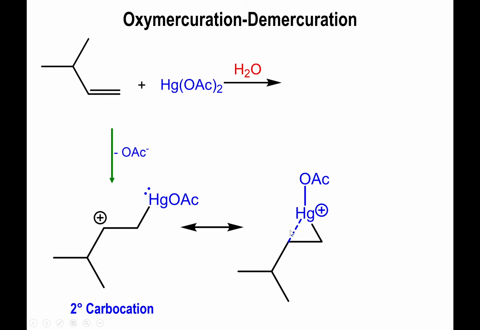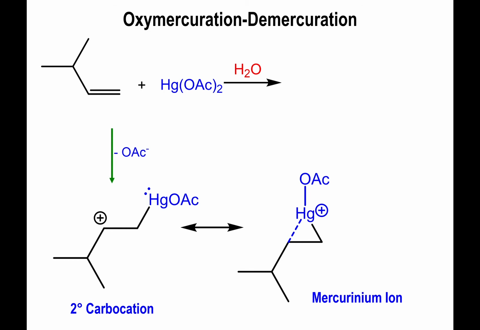So it does create a pseudo metallocyclopropane structure, in which basically the mercury is preventing attacks on this carbon that would have been the secondary carbon forming.